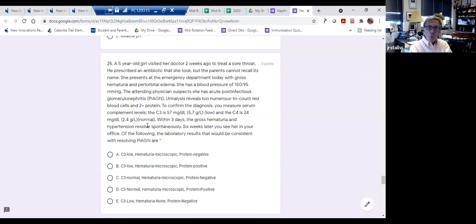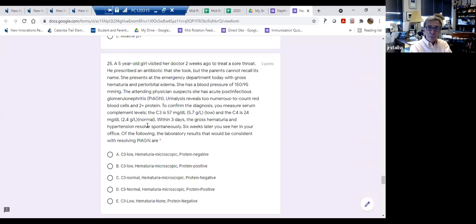Well, what do we always do to be sure that it's post-infectious GN as opposed to the big mimicker? The big mimicker is membranoproliferative GN. And so you always follow up the complement level, because if the complement level does not return to normal, then you have to say, this might be membranoproliferative. How are you going to make that diagnosis? You have to have a biopsy.